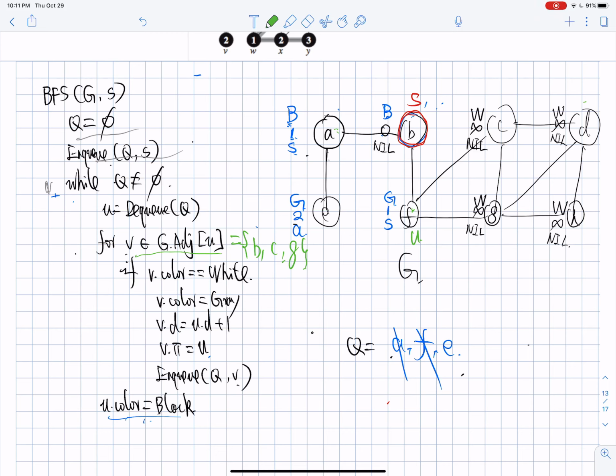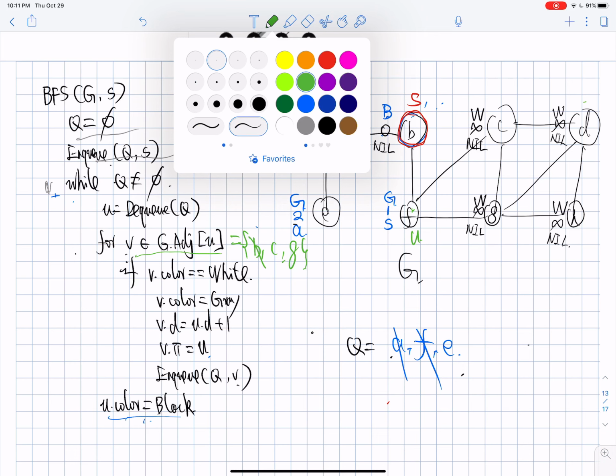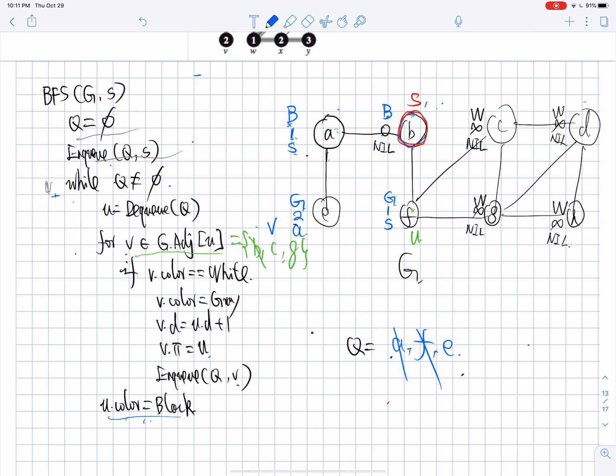So here, for its three neighbors, obviously B does not have a white color, so it's not going to be processed. So we can safely skip it, and then we start this for loop with v equal to C.